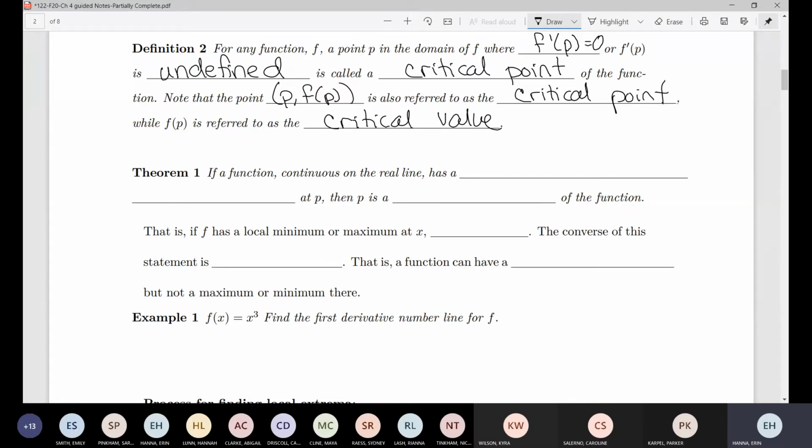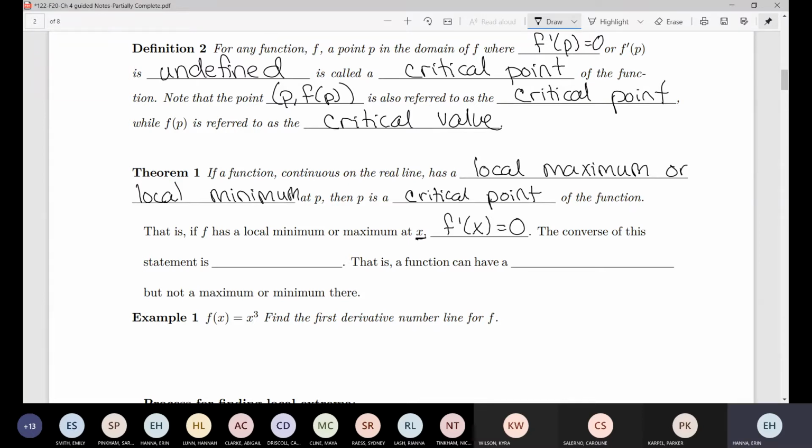If a function has a local maximum or a local minimum at P, then P is a critical point of the function. That means if f has a local max or a min at x, then f prime of x equals 0.